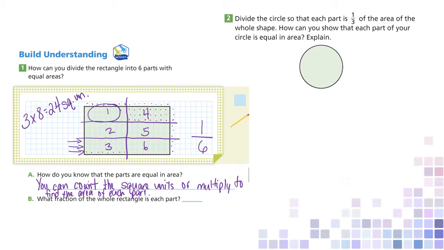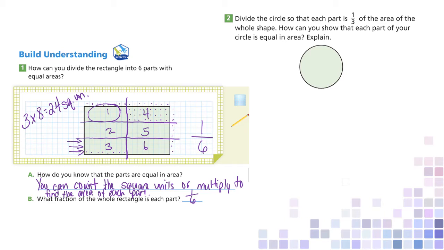So it would be my unit fraction, 1/6. Now, Tyler, is that the only way to divide that rectangle into 6 parts with equal areas? No, there are many ways, but the only way to know if it's correct is that there are 24 square units in each. Okay, awesome, good job.